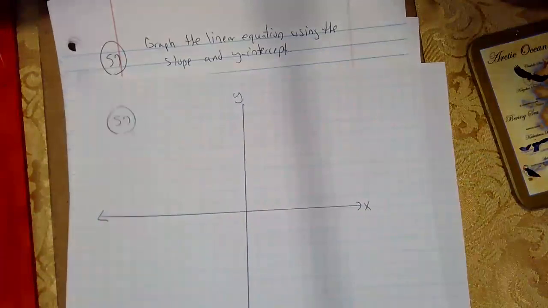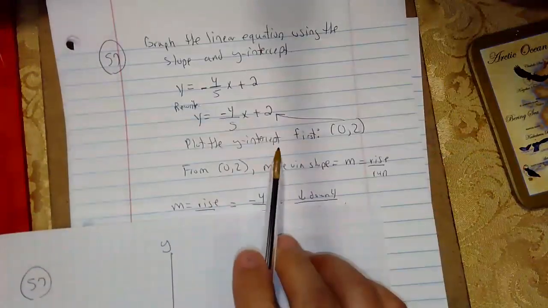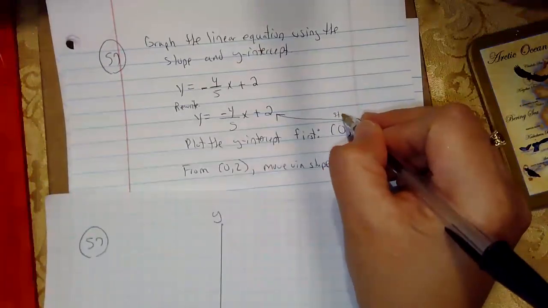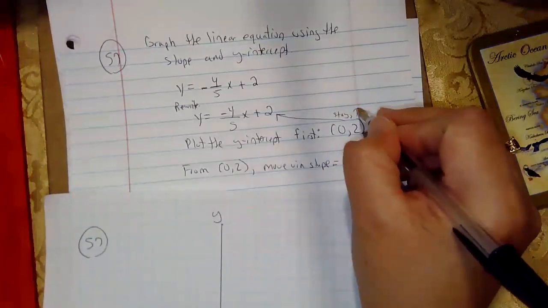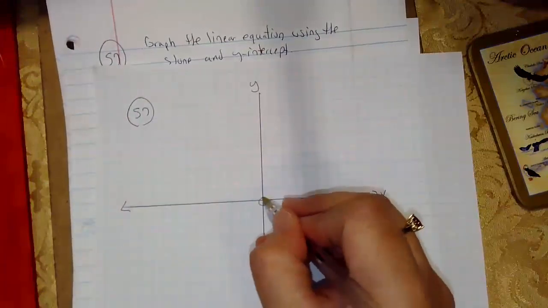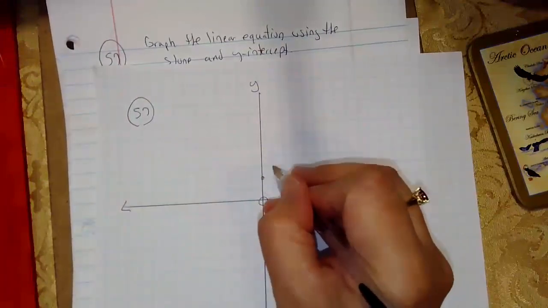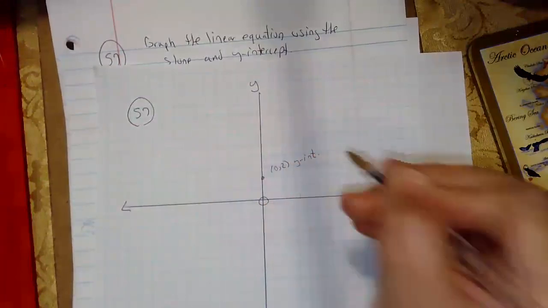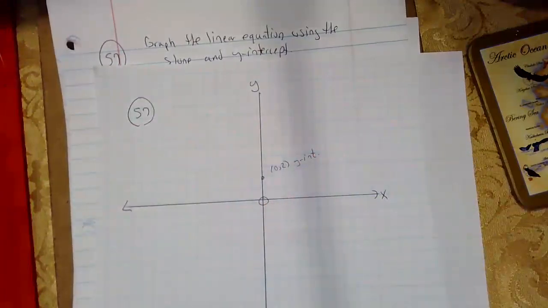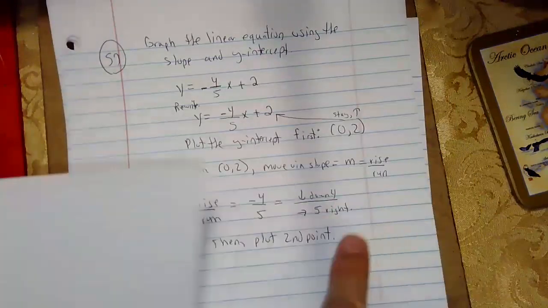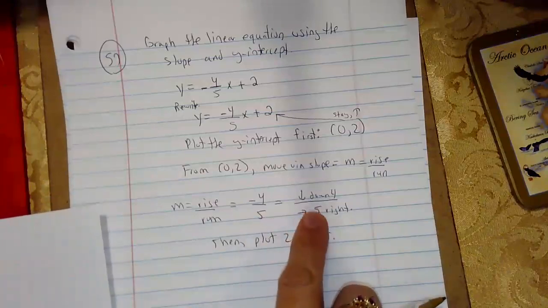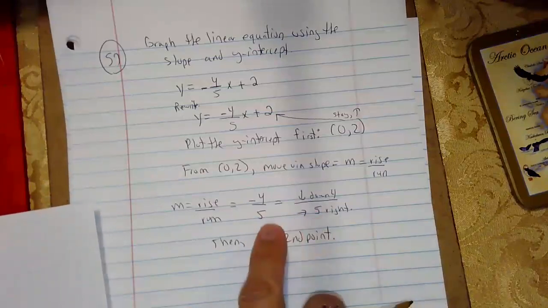Okay, so I'm going to plot the y-intercept first, 0, 2. So you stay and then go up 2. So 0, 2, the y-intercept. Okay, then from there I'm going to go down 4 and to the right 5, honoring my slope.